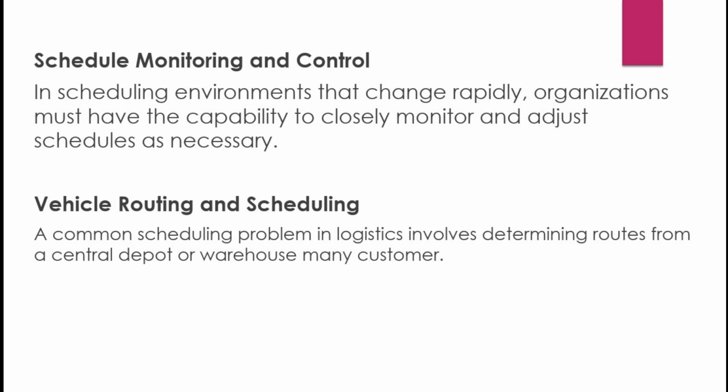Schedule monitoring and control. In scheduling environments that change rapidly, organizations must have the capability to closely monitor and adjust schedules as necessary. For example, in the airline industry, a weather delay or flight cancellation at one airport can wreak havoc on the entire system.